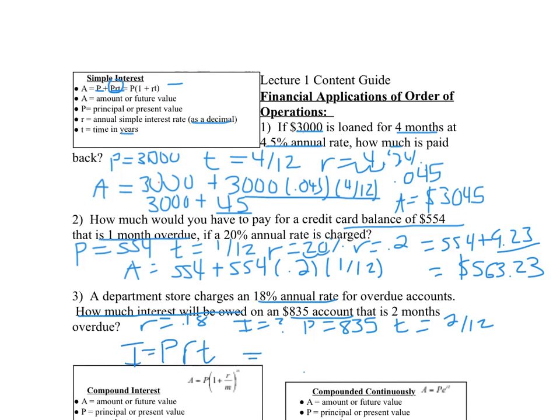So our P was 835, R was 0.18, and T was 2 over 12. And if we put all of these into the calculator, we're going to end up with 25.05. And that is how we do simple interest.